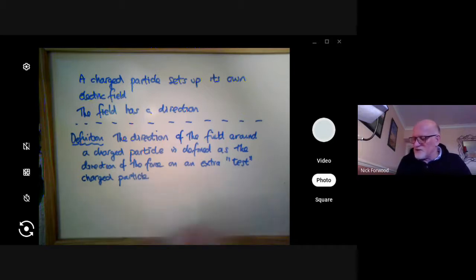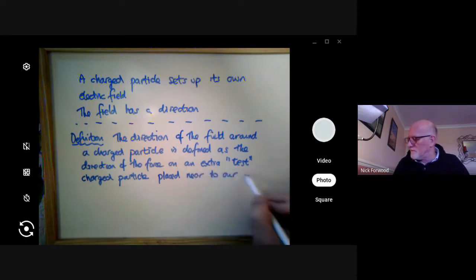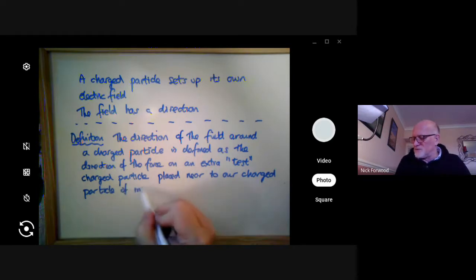So this is an extra little charged particle, and I'll draw this in a minute if this isn't making any sense, placed near to our charged particle of interest.